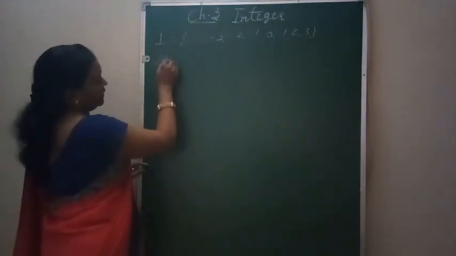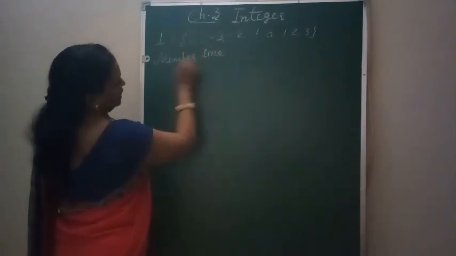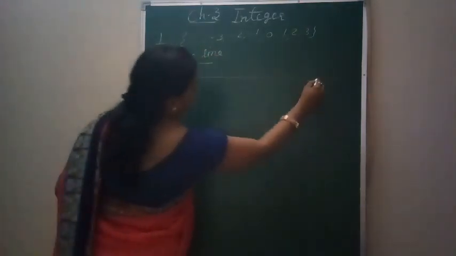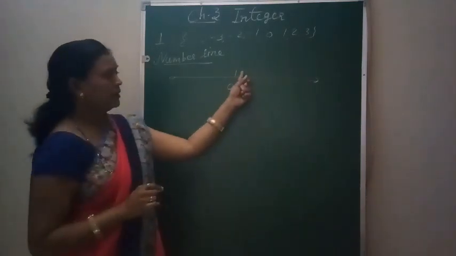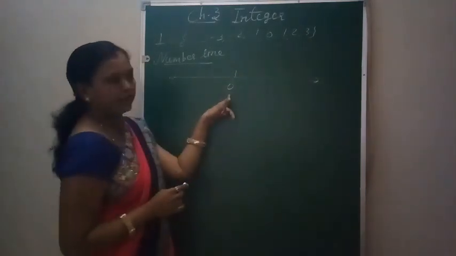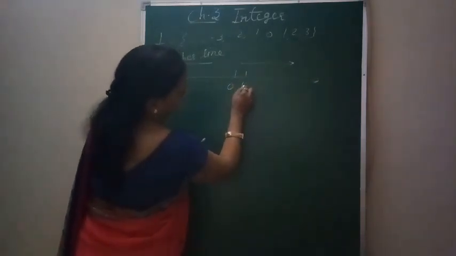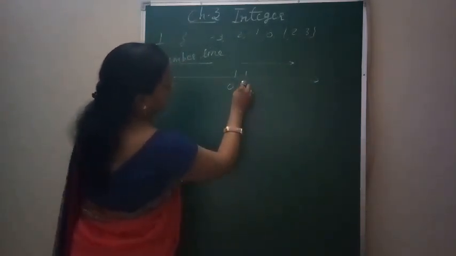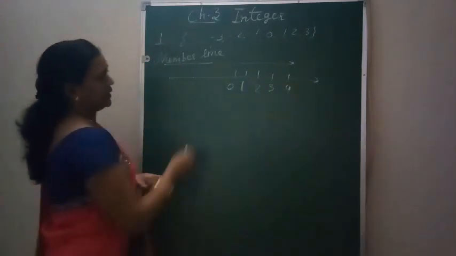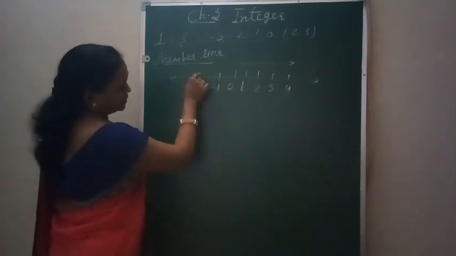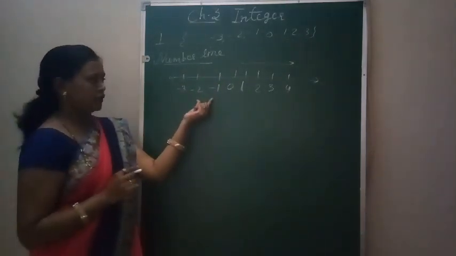When we show the integers on a number line, the middle part is defined by 0, the numbers on the right side are defined with the positive sign, and the numbers on the left side of 0 are defined with the negative sign.